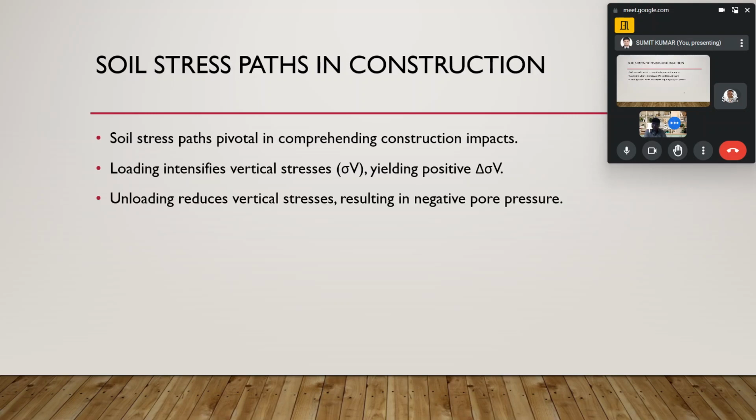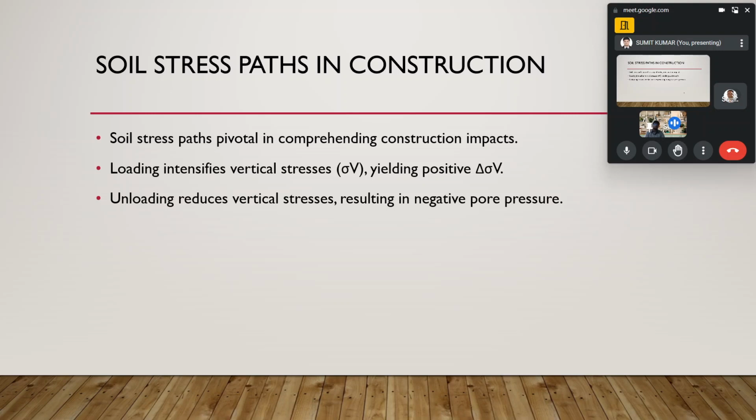Now, the soil stress path in construction is one of the important factors, and the loading intensities, like a positive delta sigma v value, and unloading reduces the vertical stresses, resulting in negative pore water pressure.